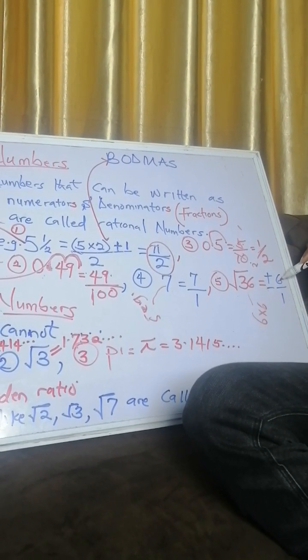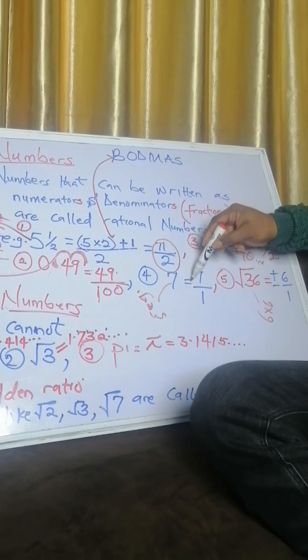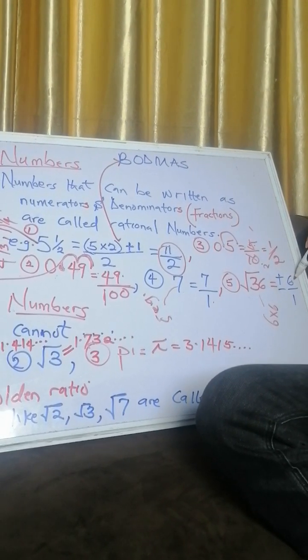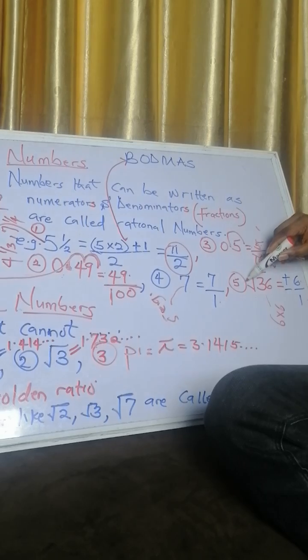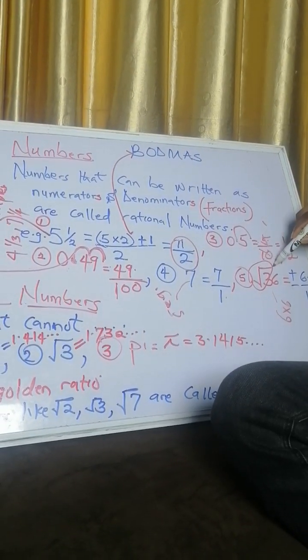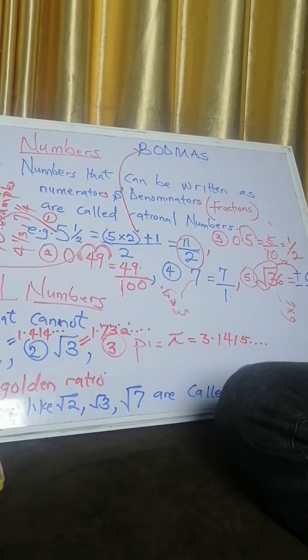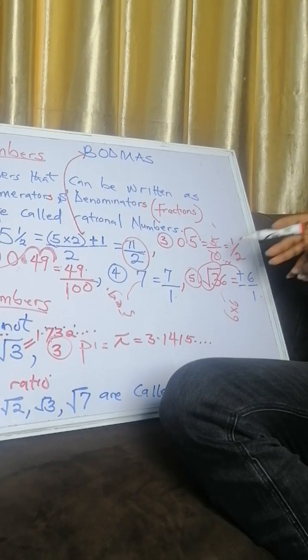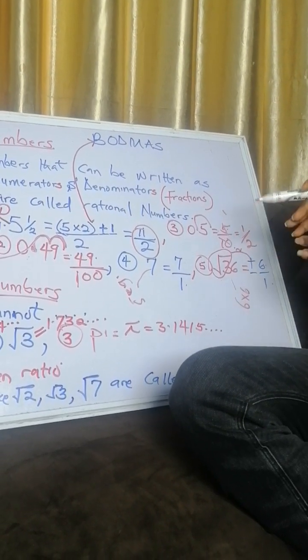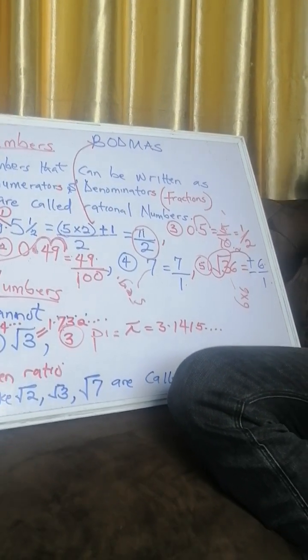Okay, so I write 6 here over 1. Don't forget 7 equals 7 over 1. That is why we're also having 6 over 1 here. But because this square root is translating to plus or minus, it can either be plus 6 over 1 or minus 6 over 1. Very simple. By the time we move further, you will understand what I'm trying to say here.